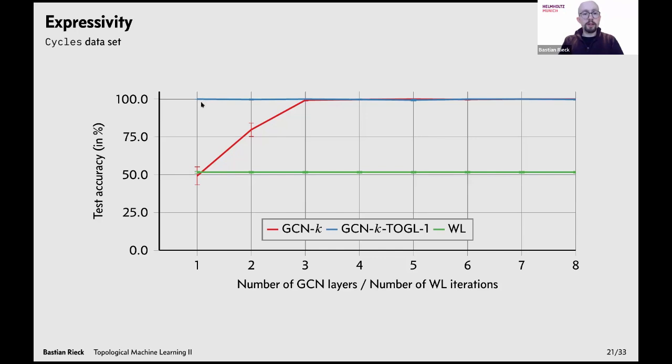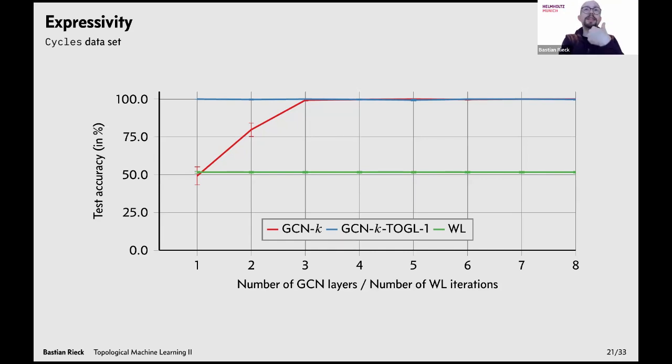So the GCN with one toggle layer is almost always at more or less 100%, plus or minus some minor standard deviations. Whereas with the GCN, you need up to 3 layers to match that performance. And this is clear because the cycles that we split our big cycle into have a certain maximum diameter.